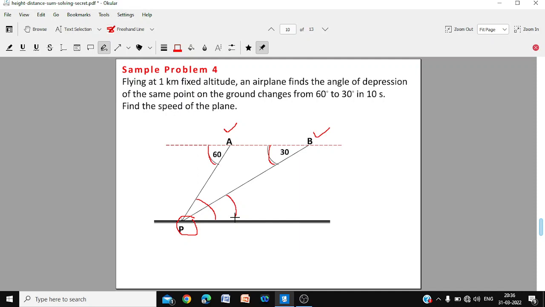But now, we don't have any right angle triangles. So we draw the altitude, which is 1 kilometer altitude or 1000 meters. Now we get the right angle triangles when we drop the two perpendiculars, and we know that the height is 1000 meters fixed.